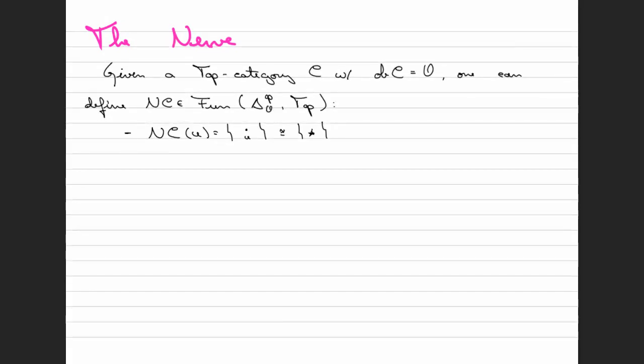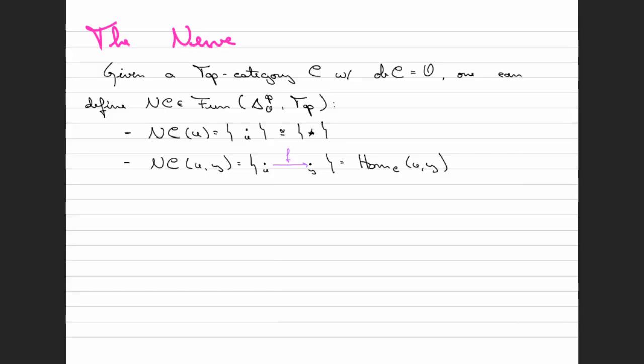So NC of X should be some space of points labeled X. In this context, we only have one thing called X, the object X in the category C. So we say that NC of X is the one-point topological space. Then NC(XY) should be some space of lines that go from X to Y.